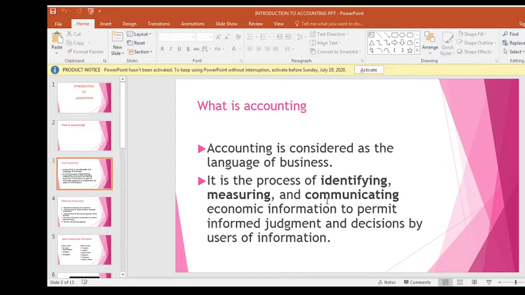Also important to note is that in accounting, we only deal with economic information. Any information which is not economic, which is not important and which does not have some monetary value attached to the business, is not worth being communicated.